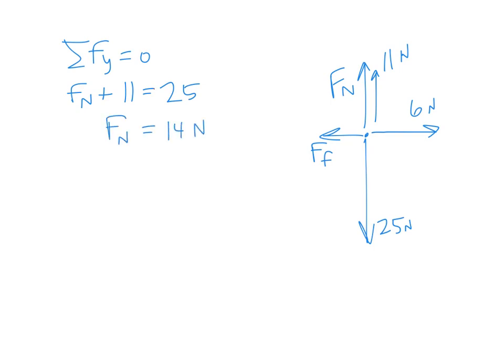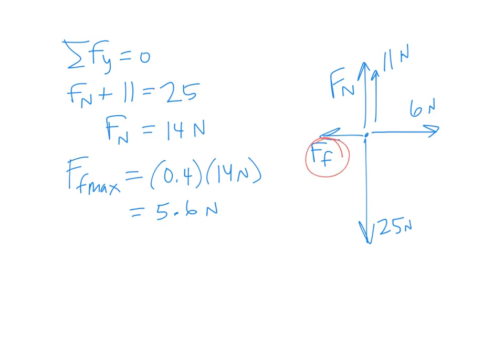All right, so then what we'll do is we'll calculate that maximum value of friction by using mu sub s, 0.4, times our 14 newtons. I'm just trying to figure out, does it move or doesn't it move? So that comes out to be 5.6 newtons. Okay, so the biggest that this force can be is 5.6, but I'm pulling with 6 newtons.